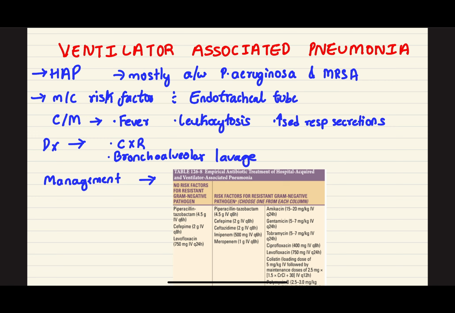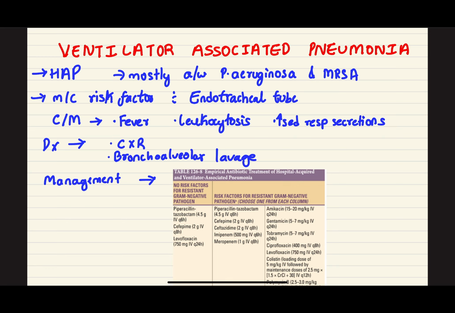From Harrison, the most common pathogens are Pseudomonas aeruginosa, which is a gram-negative rod, notorious for biofilm formation on endotracheal tubes, and methicillin-resistant Staphylococcus aureus, which is gram-positive, resistant to many beta-lactams. The most common risk factor is obviously the endotracheal tube, because this bypasses natural airway defenses, promotes aspiration and allows biofilm growth.